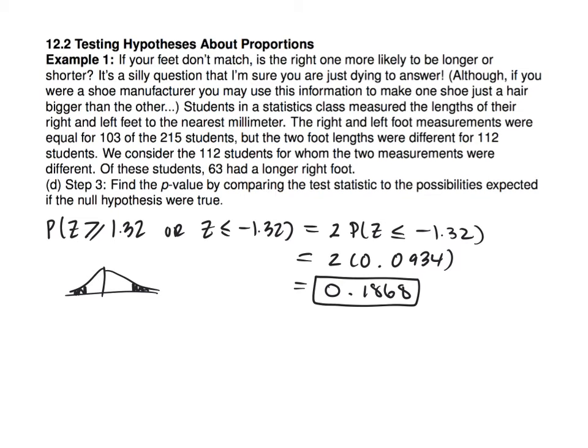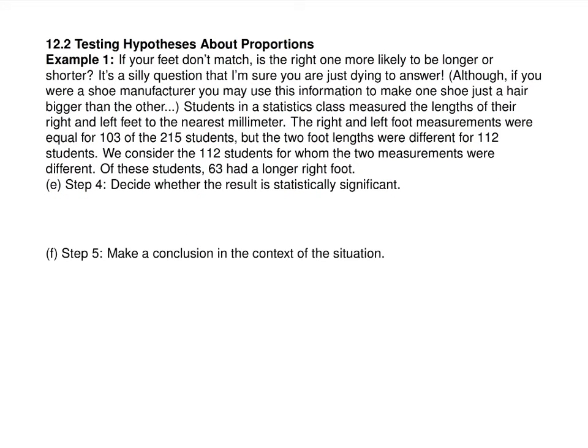Decide whether the result is statistically significant. If we take alpha equals 0.05, which is the typical level, the answer is no, because our p-value is bigger than alpha. And let's make a conclusion. So we fail to reject H naught.